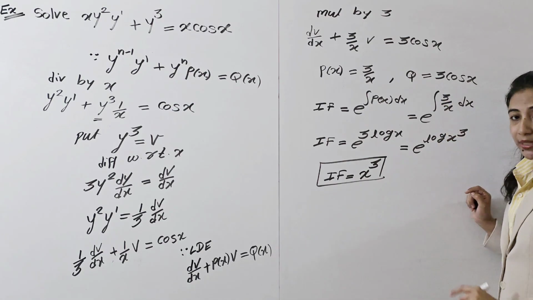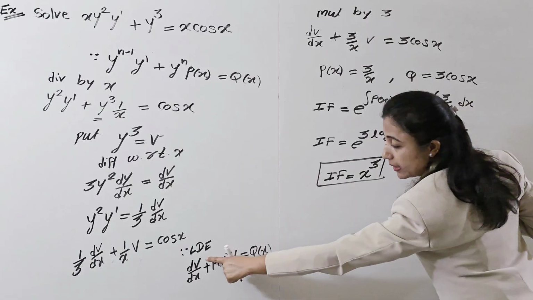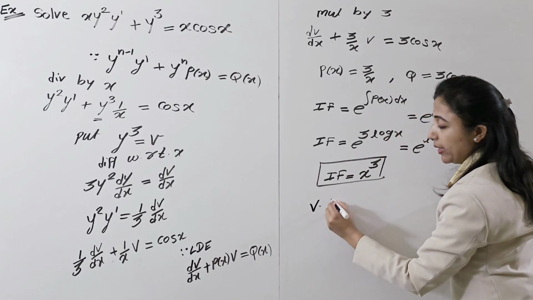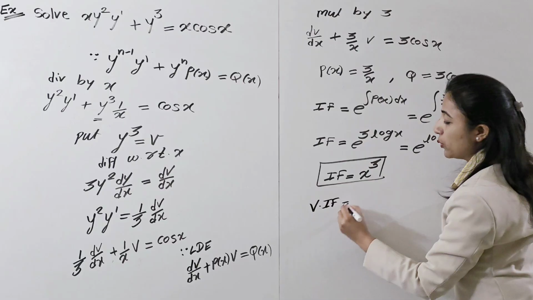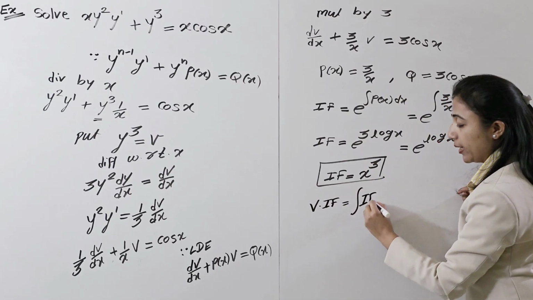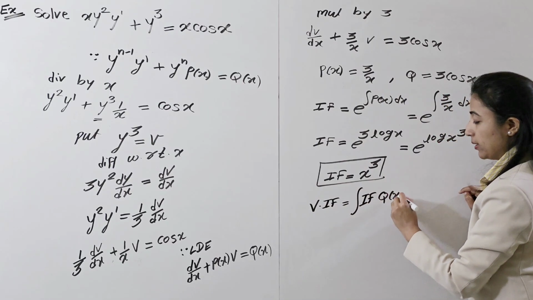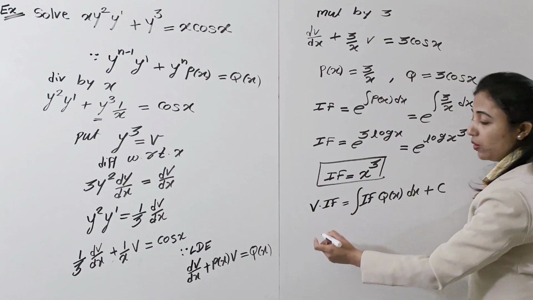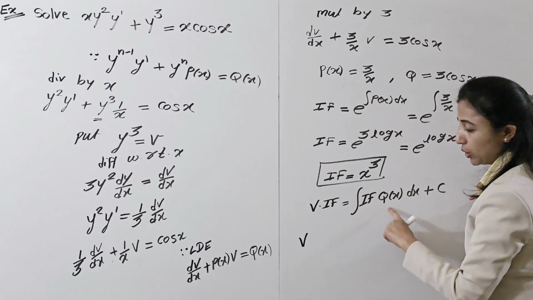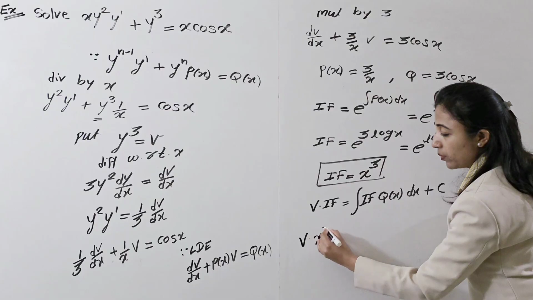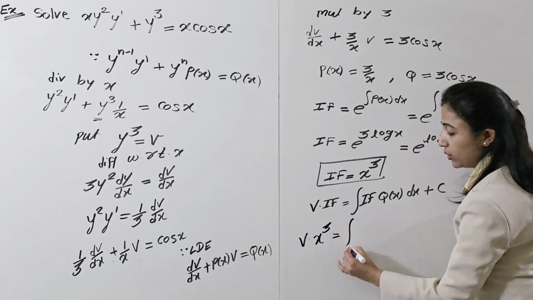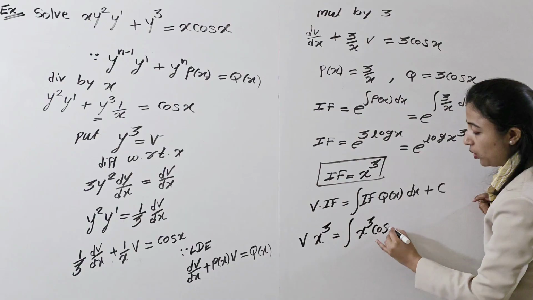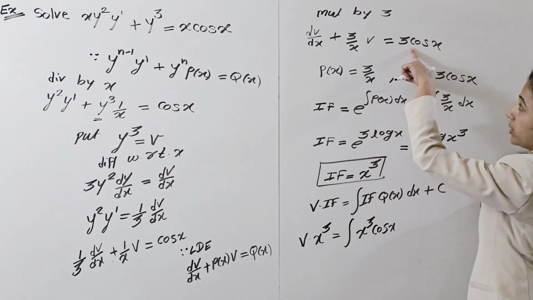The complete solution of the linear differential equation, here the derivative is of v, that's why we say v into integrating factor equal to integration of integrating factor into q of x dx plus integrating constant c. So put the value of the integrating factor and function q: v into x cube equal to integral of x cube times q of x, which is 3 cos x.